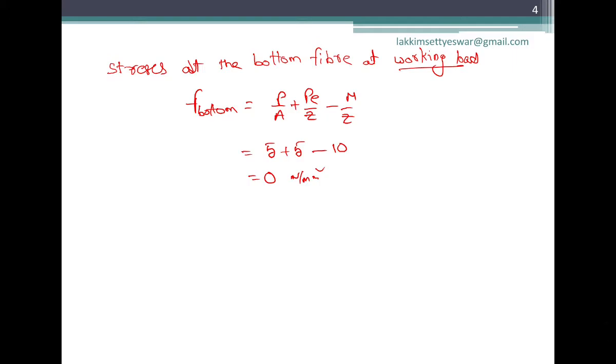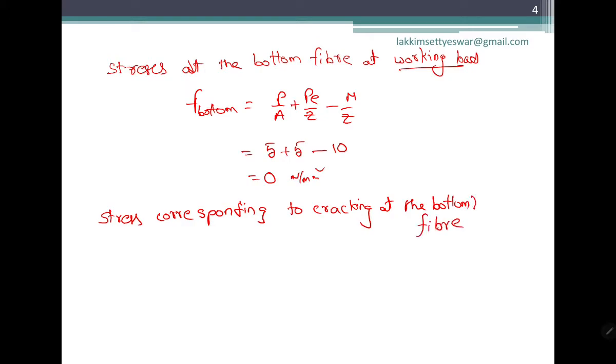Stress corresponding to cracking at the bottom fiber is 5 Newton per mm square. It is in the given data, the rupture stress, 5 Newton per mm square.